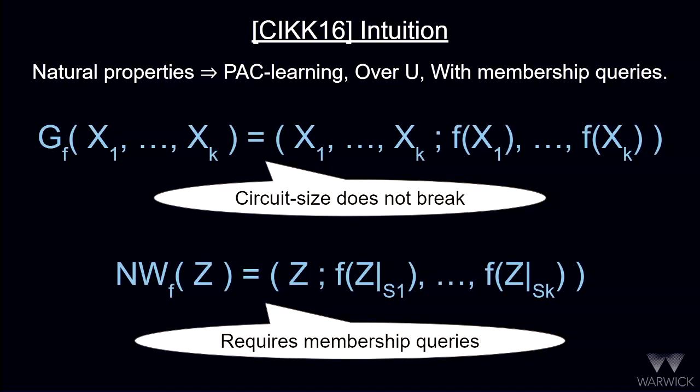You can think of NW as a de-randomized version of G, or think of G as a really inefficient, design-free version of NW. The nice thing is that with so much more stretch, circuit size does break the generator. A natural property breaks NW, but it comes at a cost.